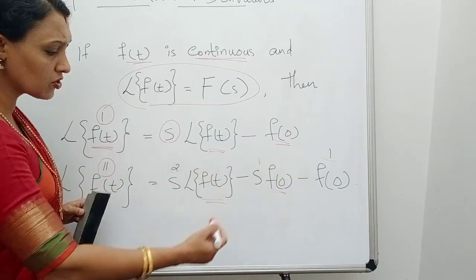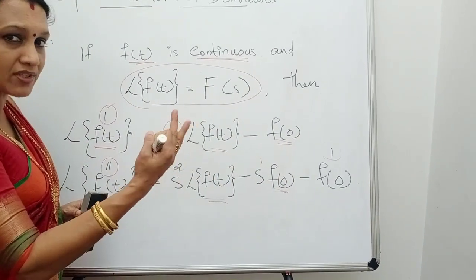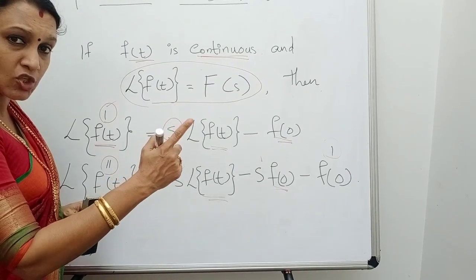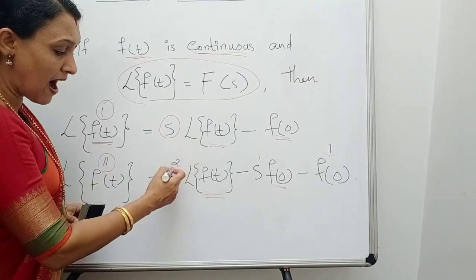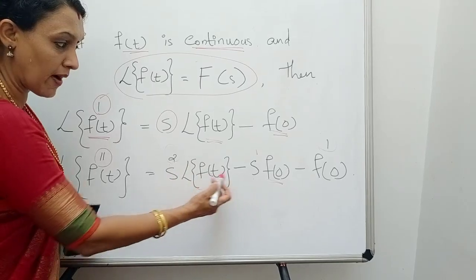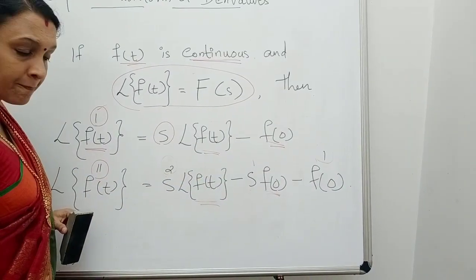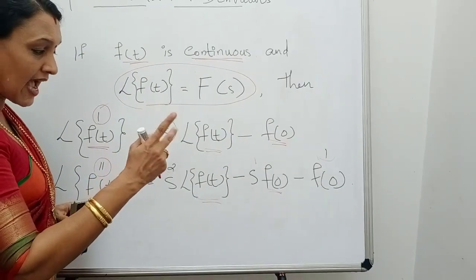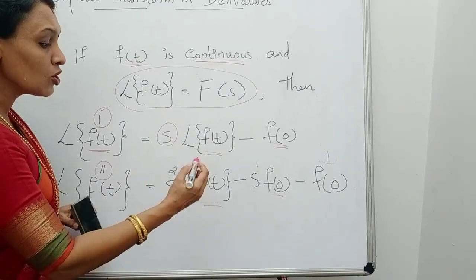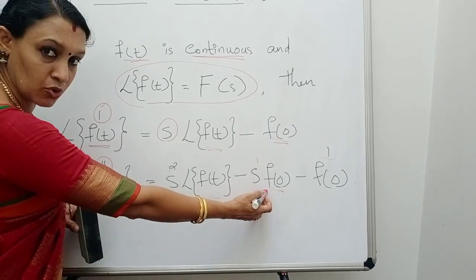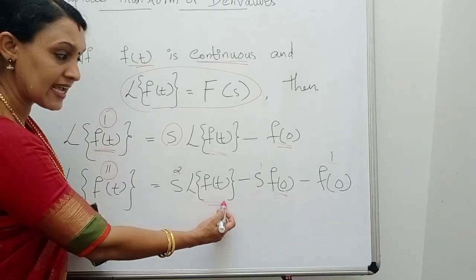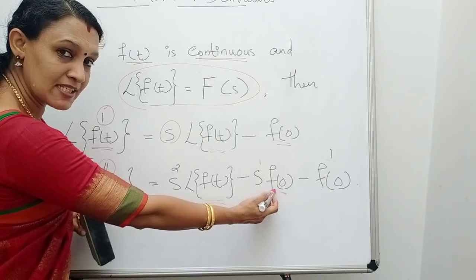Okay, so three things you have to remember here. The first one, I told you, you decrease the power of s: s square, s raised to 1, s raised to 0, like that, decrease the power of s. That is number 1. And the second thing is you fix the first two terms. One is L{f(t)} and the second term is f(0).